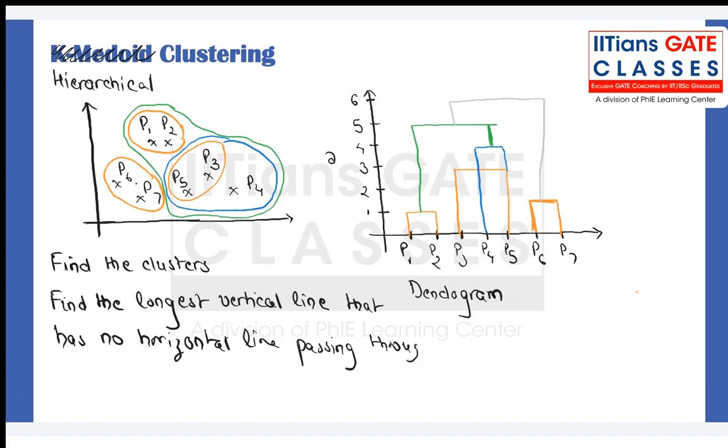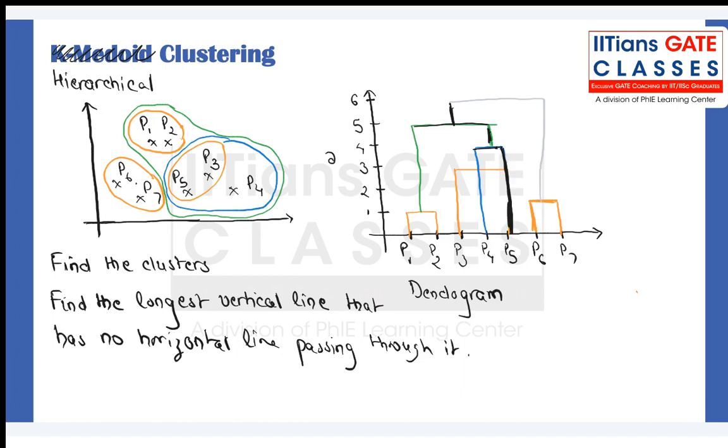What I mean by this is, if you consider this line, then there is a horizontal line passing through it, so you can't consider this line. If you consider this line, this can be considered as one of the possible candidates of the cluster.